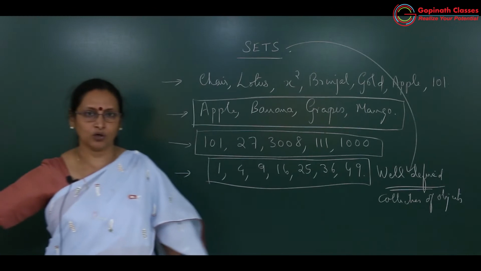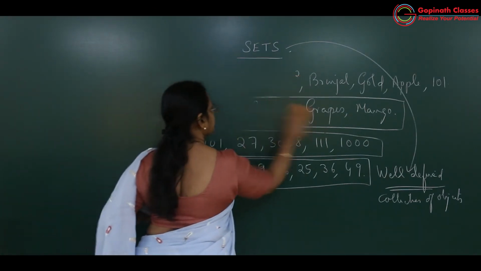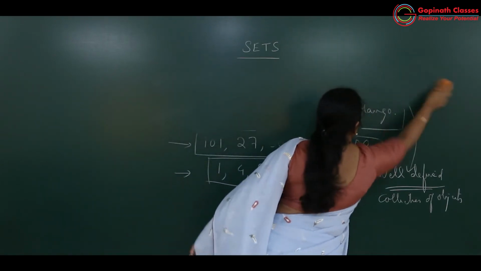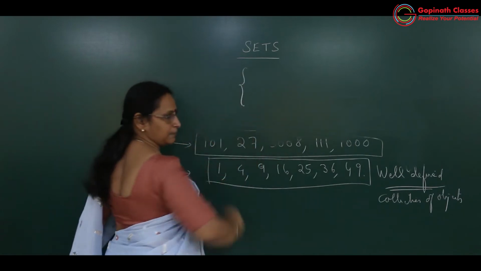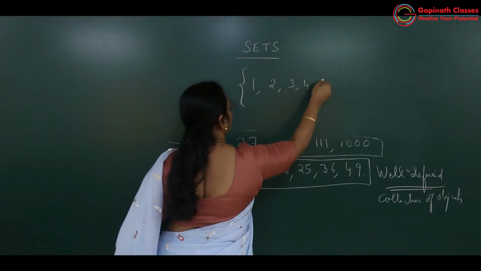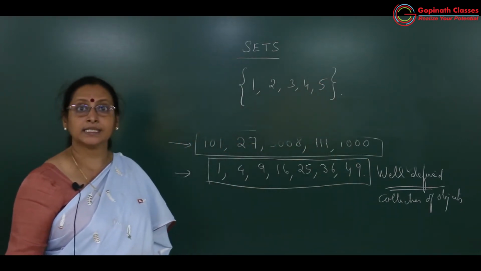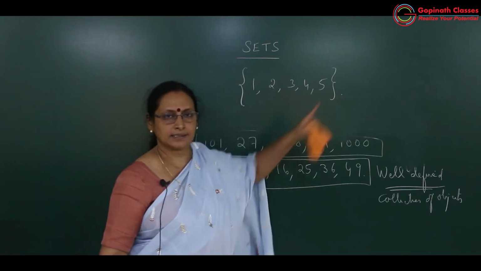You must know what braces are. Look at this, this is the symbol. If I write 1, 2, 3, 4, 5 and close it, this is a perfect set, and these are known as the elements.